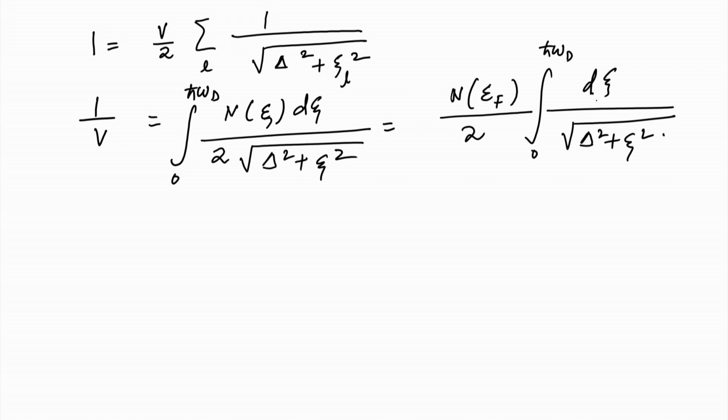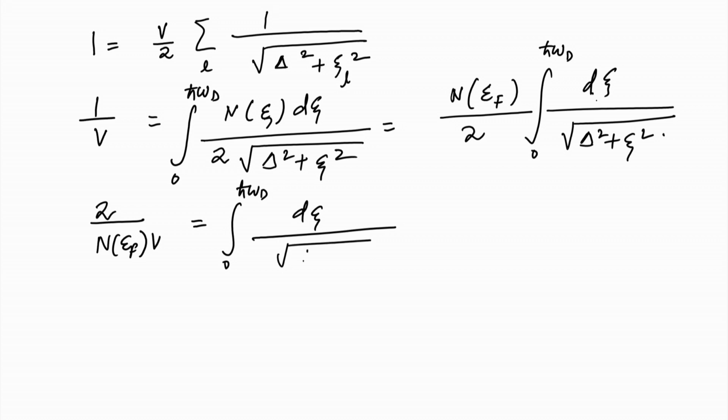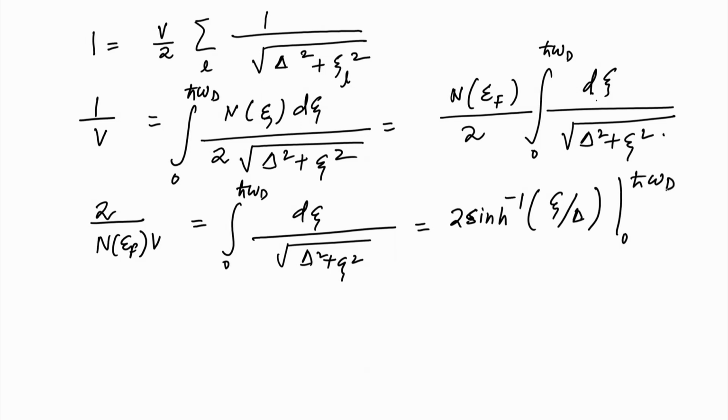That tells us that this is equal to 2 by n v, integral 0 to h cross omega d, d xi over root of delta square plus xi square, and this is equal to 2 sine hyperbolic inverse xi by delta, from 0 to h cross omega d.